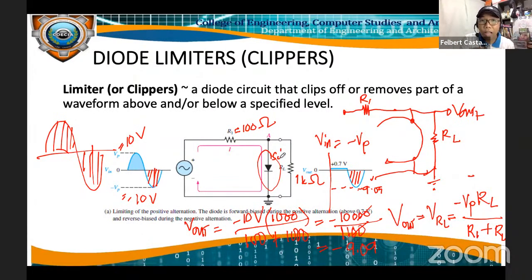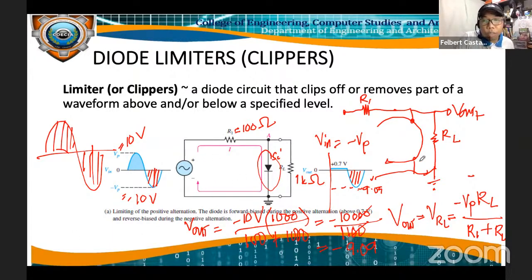During the negative half or negative alternation, negative yung input mo, yan, naka-reverse bias si diode. So open circuit yan, ang nababasa mo na voltage, kung wala tong RL, is yung input mo. Since may RL ka, so gagamit ka ng voltage divider to determine the voltage across RL or R sub L. So yun lang.